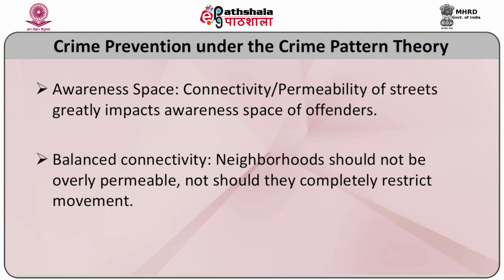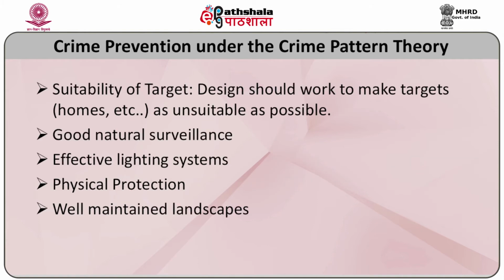Balanced connectivity: neighborhoods should not be overly permeable, nor should they be completely restricted in movement. Suitability of target: design should work to make targets as unsuitable as possible. Good natural surveillance, effective lighting systems, physical protection, well maintained landscapes.